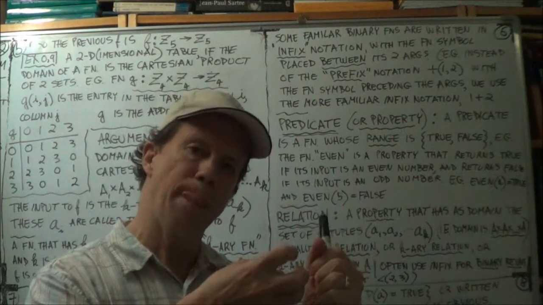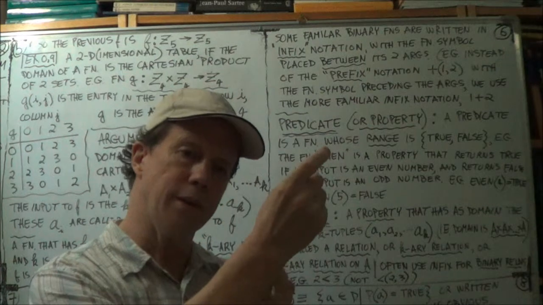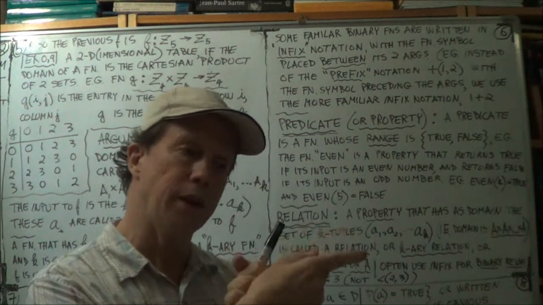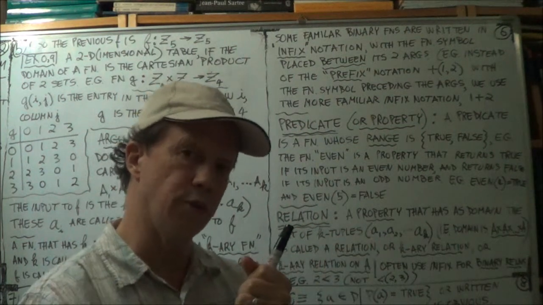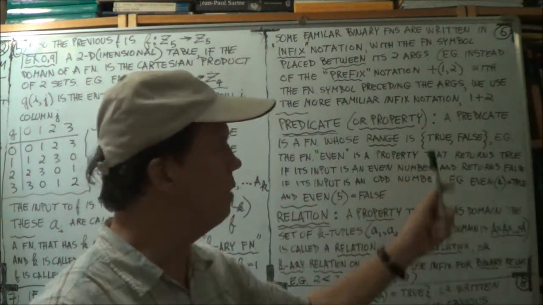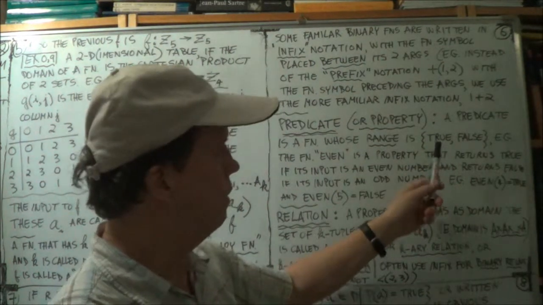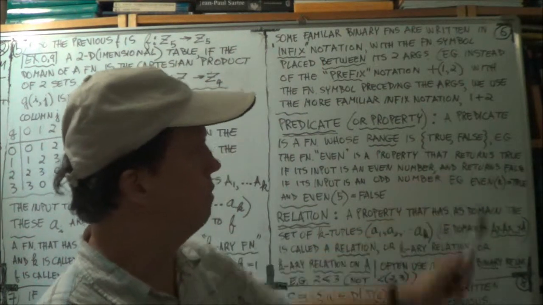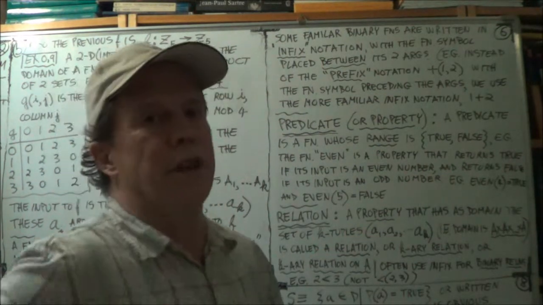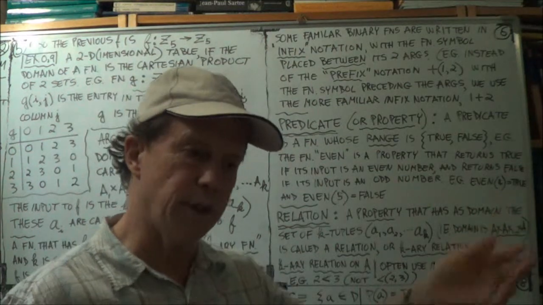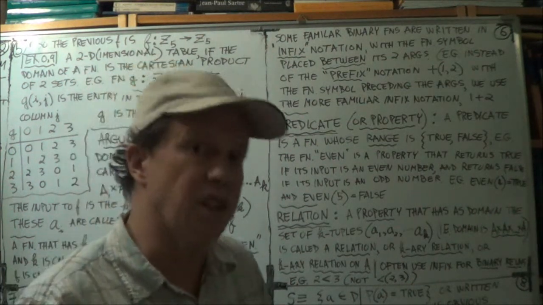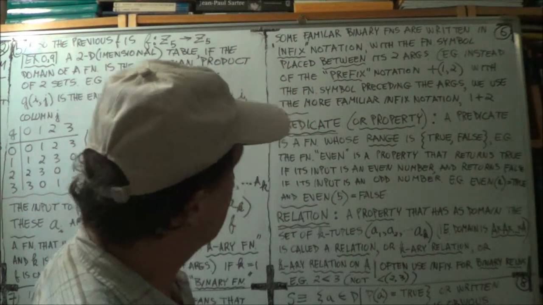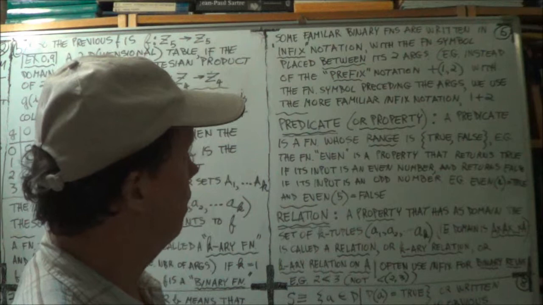Stuff comes in, and this function decides, depending on the input, whether the output should be true or false. Or to shorten things, I'll end up just using T and F, so I don't have to write out the whole word. Okay. So if the output is true or false, that function is a predicate by definition. Fairly clear, or you could call it a property.